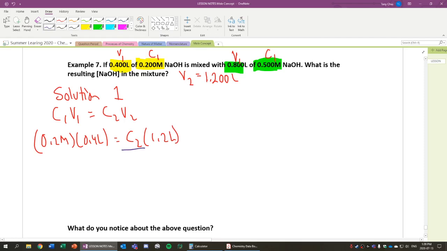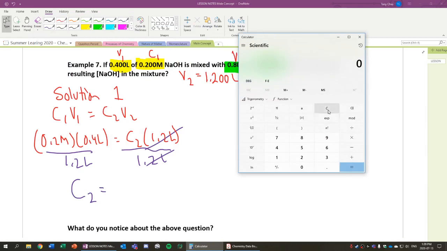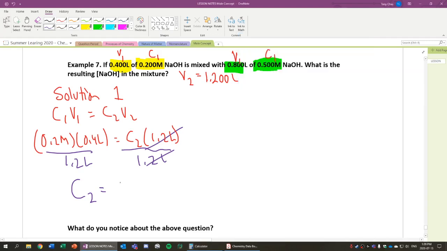What we're going to do is divide both sides by 1.2 liters. And what we're going to get is C2 of solution 1 as 0.2 times 0.4 divided by 1.2. We're going to get 0.06 repeating molarity. That's solution 1.